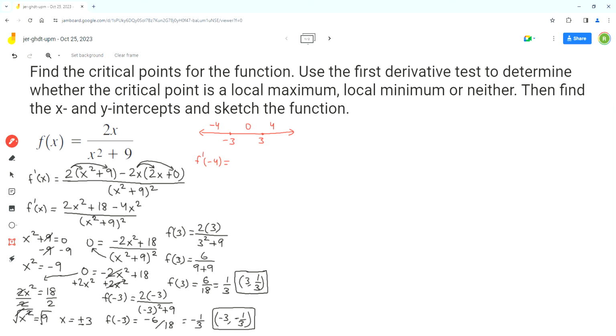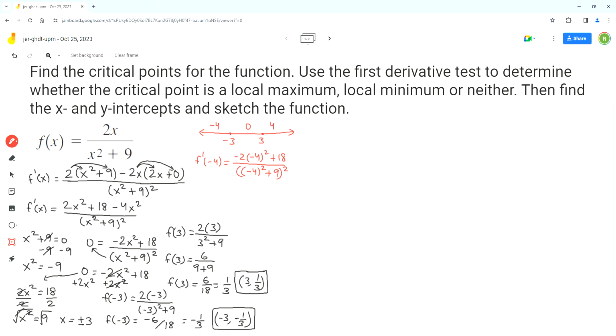So f prime of x we got was negative 2x squared plus 18 over x squared plus 9, squared. So we get negative 2 times negative 4 squared plus 18 over negative 4 squared plus 9, and then square.